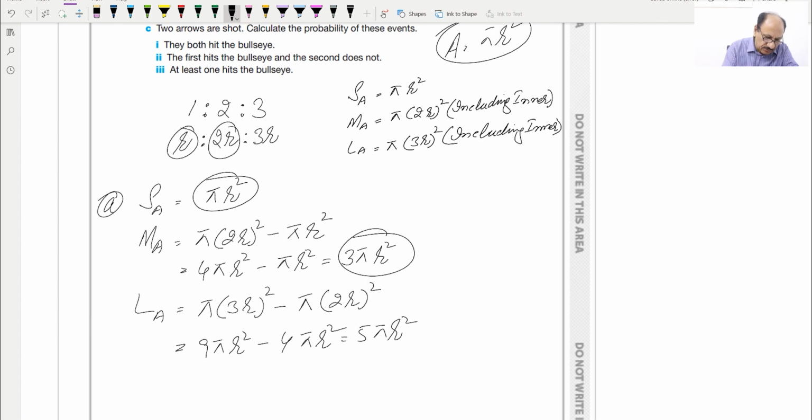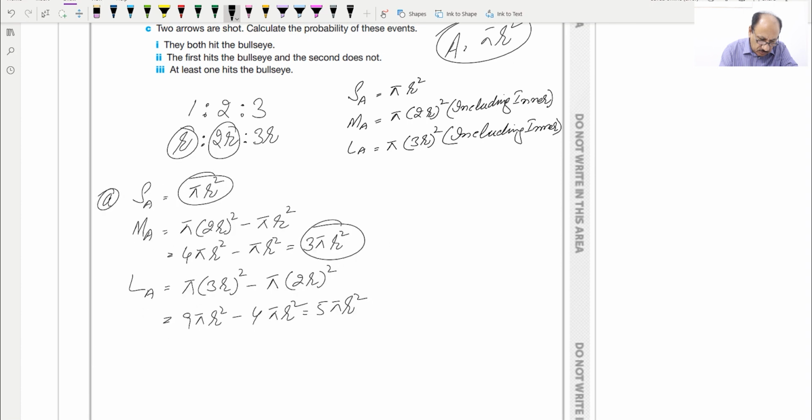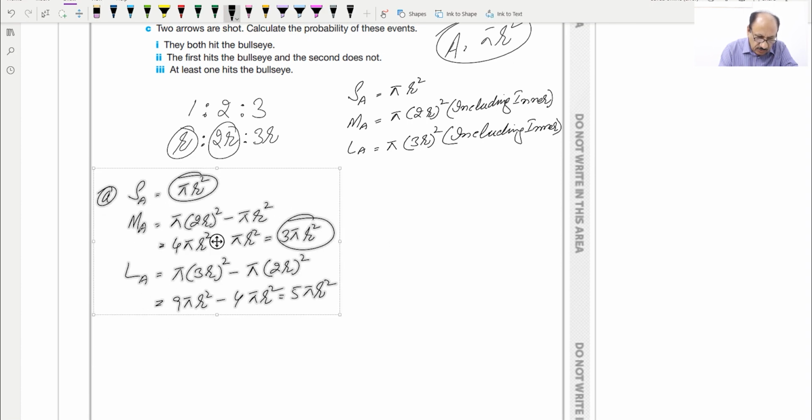These will be the areas, and I will be adjusting this to a suitable size over here for you. And now we can find the ratio of small, medium and large.